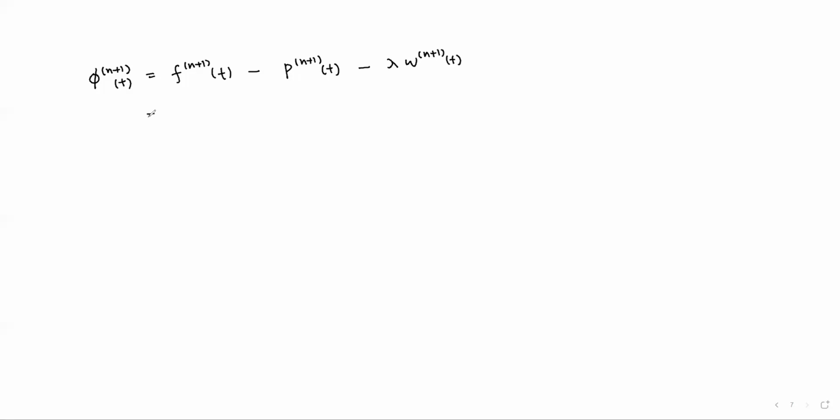Now p is a polynomial of degree n. Take the derivative n plus 1 times. It should be 0, right?